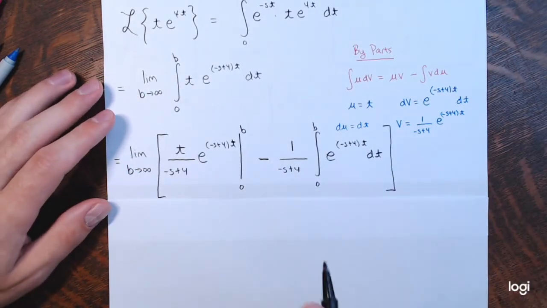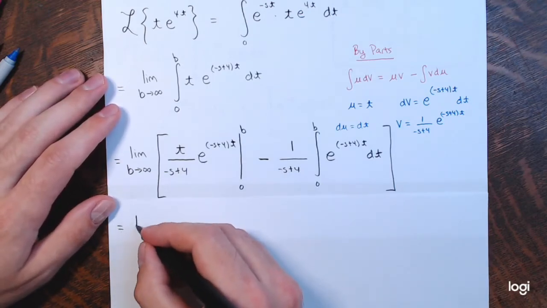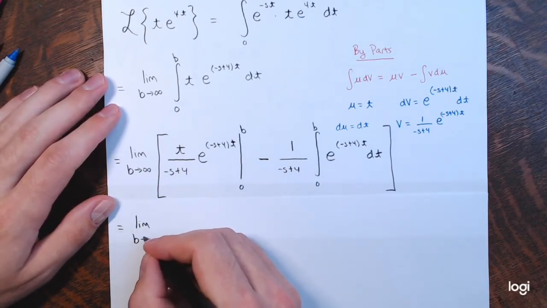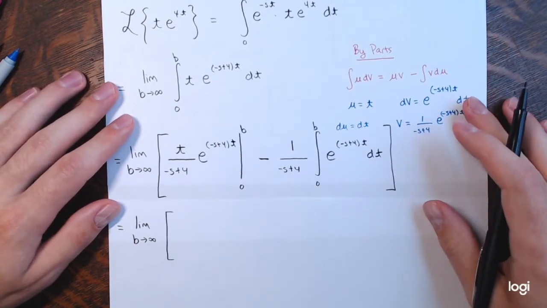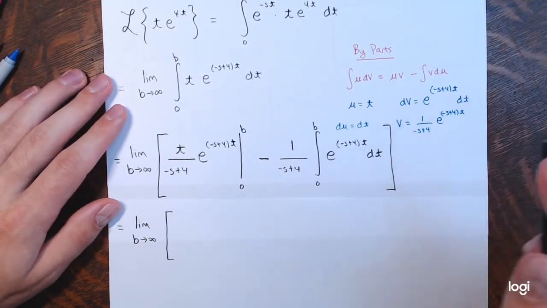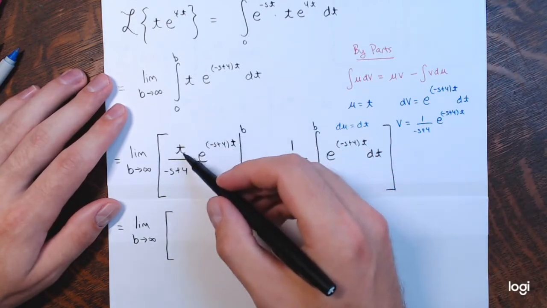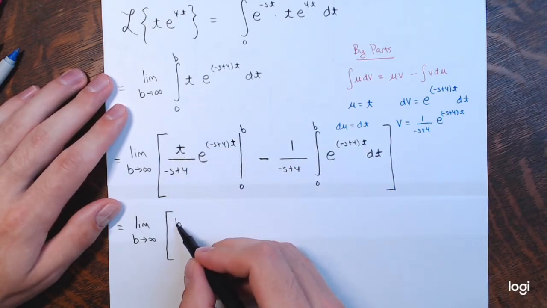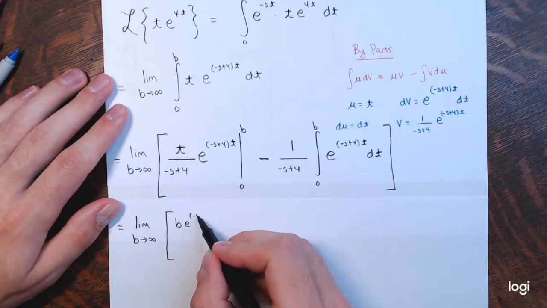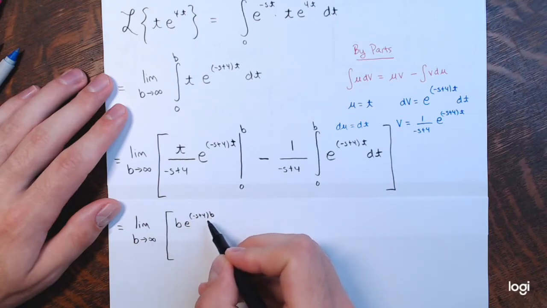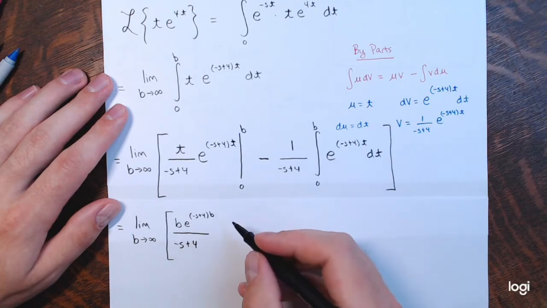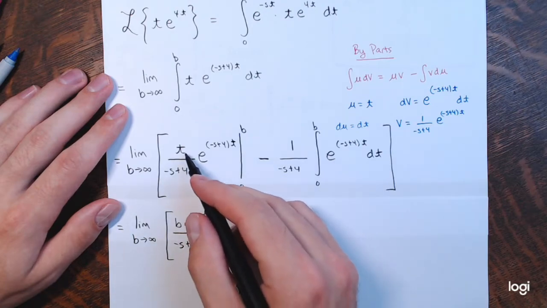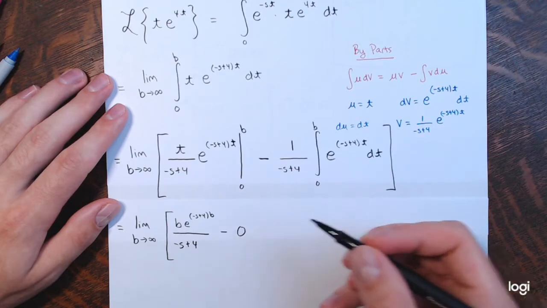So now I have the limit as b approaches infinity of, now the first part here, I put in b for t, we'd have b times e to the negative s plus 4 times b divided by negative s plus 4. And then when I put in 0 for t, I get 0.